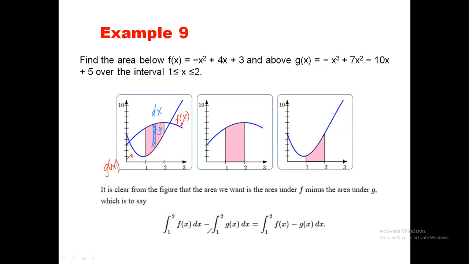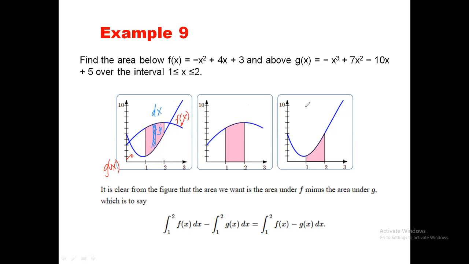So you could see you have here function of x minus g of x using the limits 1 to 2. So this is just the two areas that we need to separately determine.